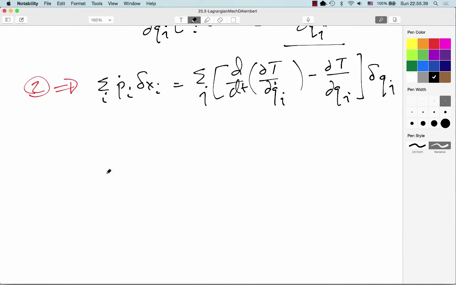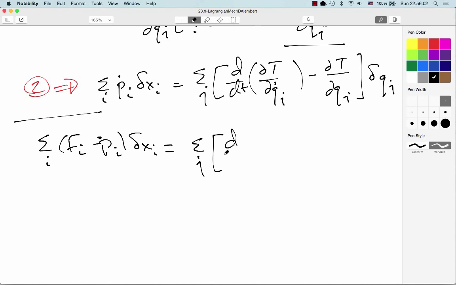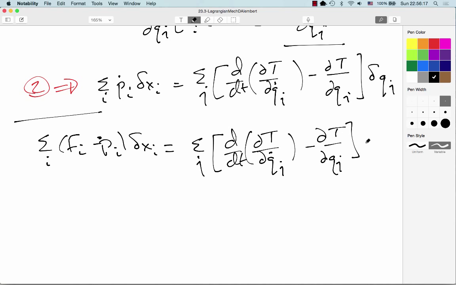We now have the sum over i of Fi minus pi dot times the virtual displacement delta xi will be equal to the sum over j of d dt of partial T partial qj dot minus partial T partial qj, times my virtual displacement in qj.